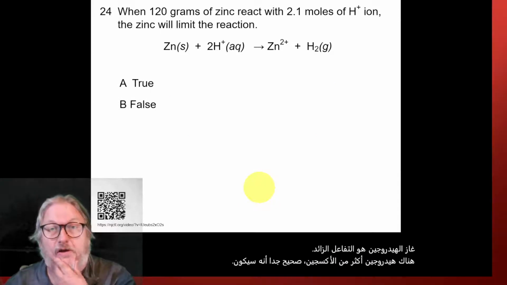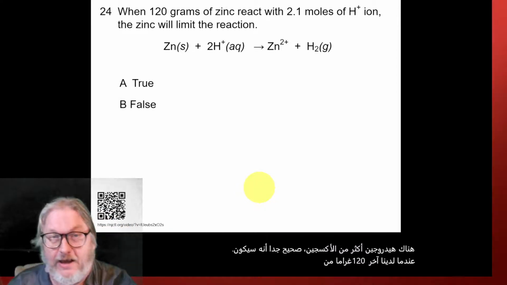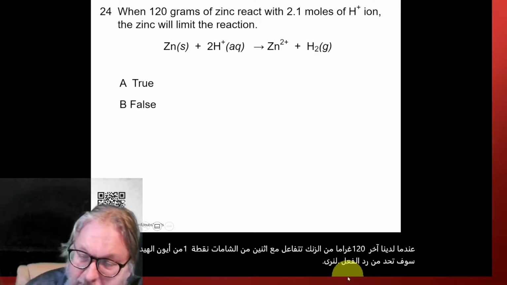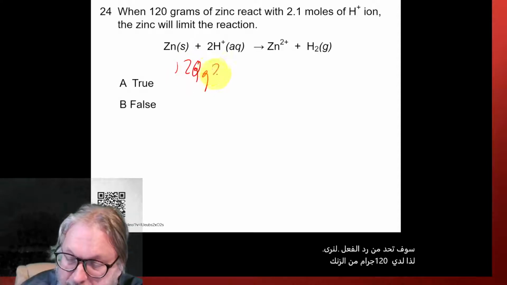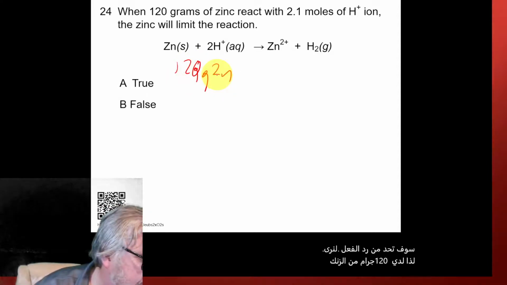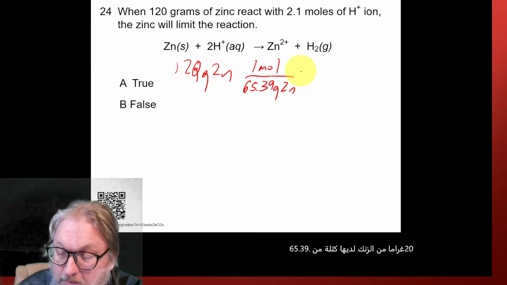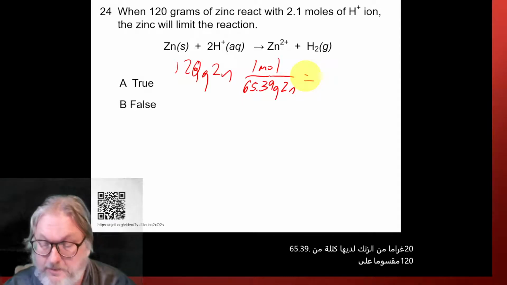Our last one: 120 grams of zinc react with 2.1 moles of hydrogen ion, the zinc will limit the reaction. Let's see. So I've got 120 grams of zinc. Zinc has a mass of 65.39 for one mole. 120 divided by 65.39.